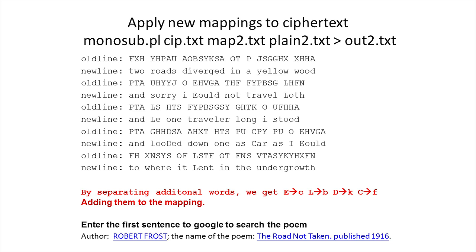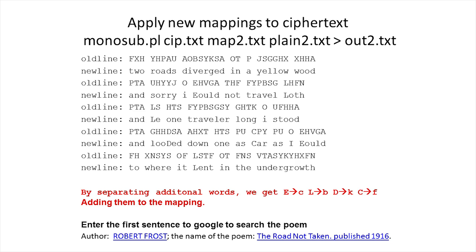It should be looked. Therefore, uppercase D should be translated into lowercase k. Eighth line, sixth word, uppercase C-A-R should be far, lowercase f-a-r. Therefore, uppercase C in the ciphertext should be mapped to lowercase f.